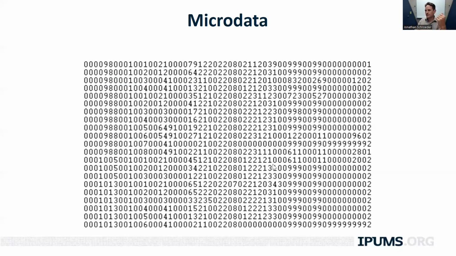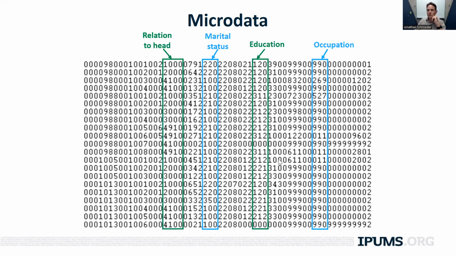Microdata doesn't look so intelligible when you look at it initially. It's a whole lot of numbers here, but with some additional information, you can identify which of these columns mean what. And in this case, each row corresponds to an individual respondent to a census survey.